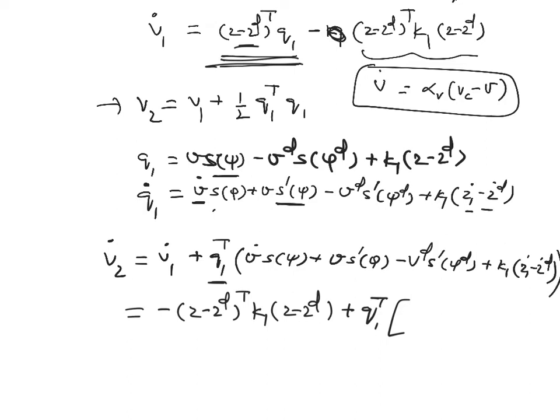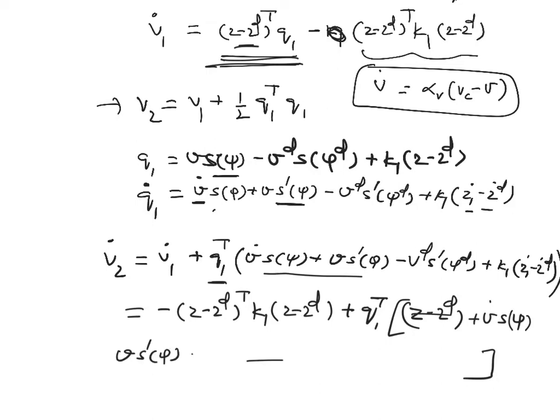Do you want to go long, or do you want to go this and this? Okay, let's do this. So it will be (z minus z desired), and then the whole shebang: v dot s psi, v s prime psi minus vd s prime psi desired plus k1 (z1 dot minus z dot d).